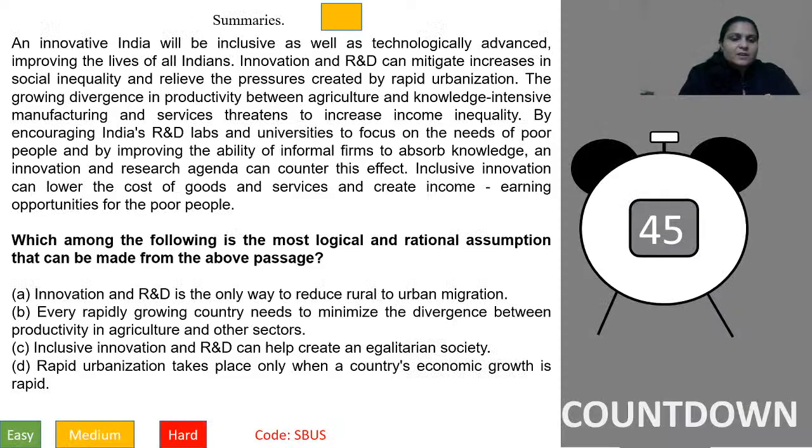Again, a summary question, but it's related to R&D. The previous one was related to the growth in economy. This one is related to R&D.